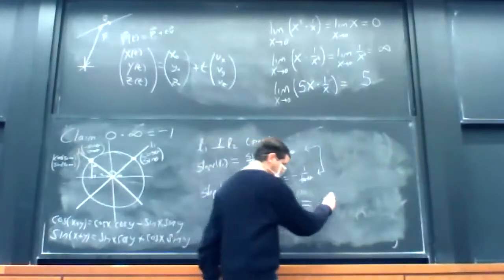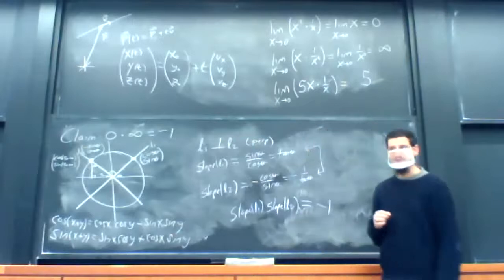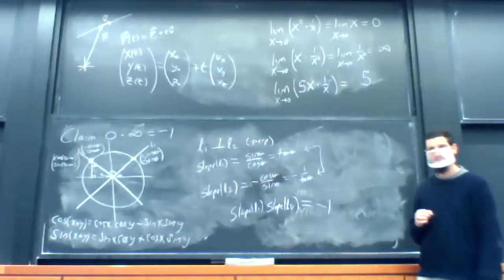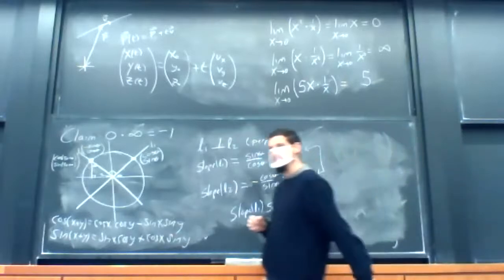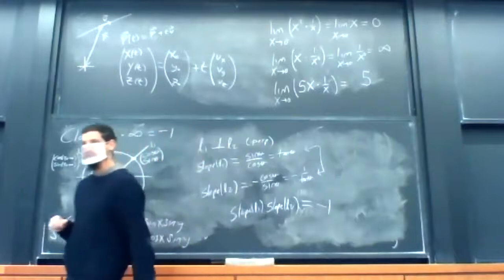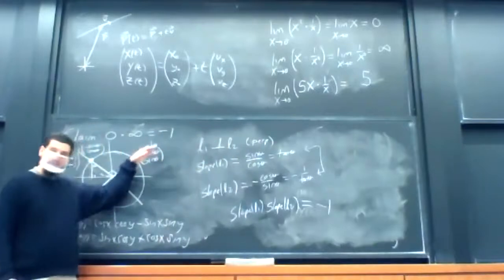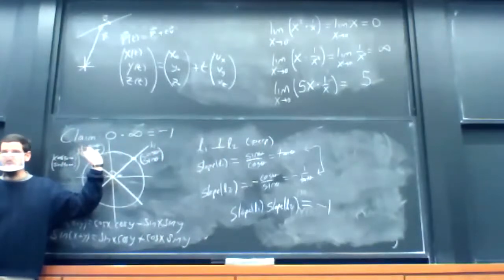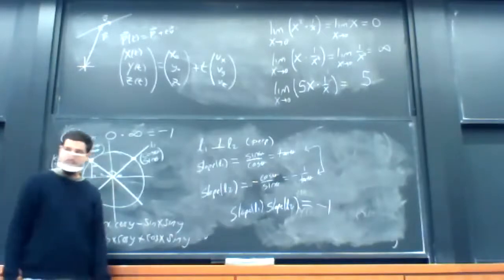Negative 1. How many of you have seen this result from algebra 2? The product of the slopes of perpendicular lines is negative 1. This is actually extremely useful because if you know a line and you want to find a line perpendicular to it, it tells you the slope. It's a really nice result.